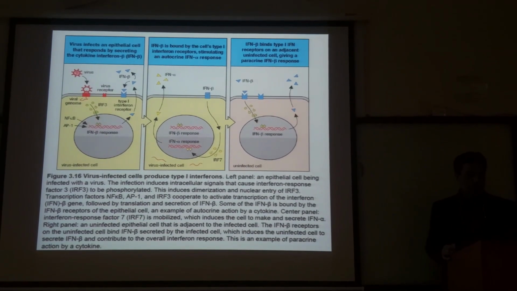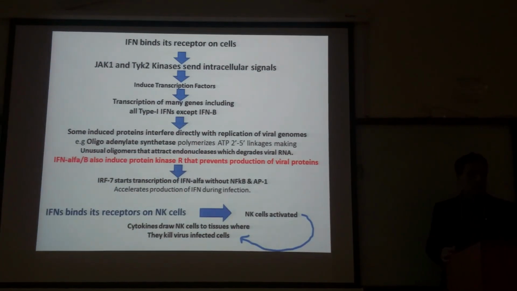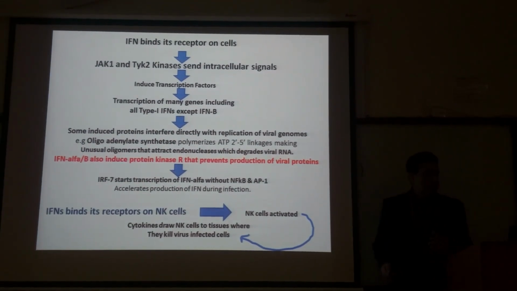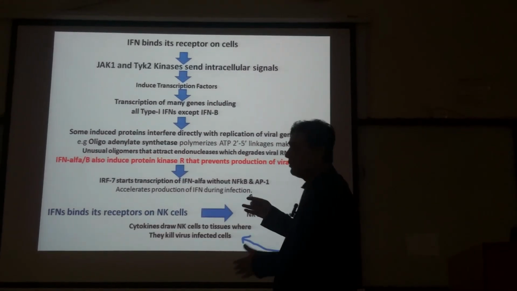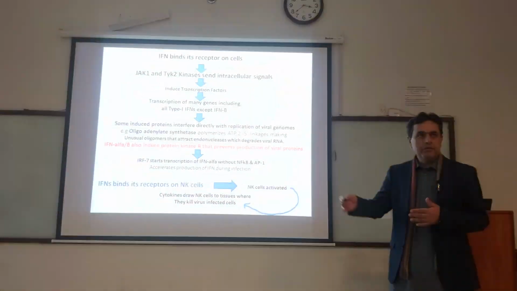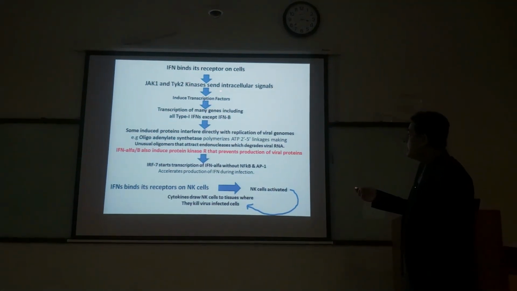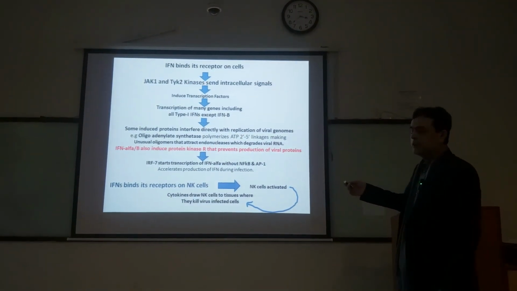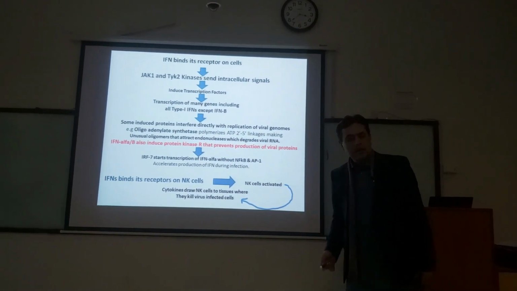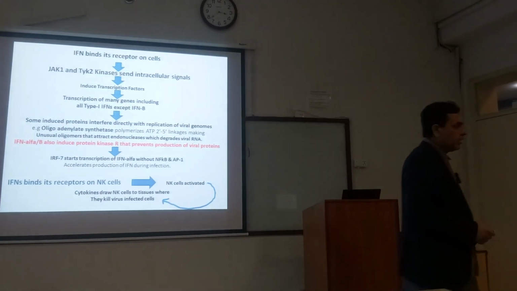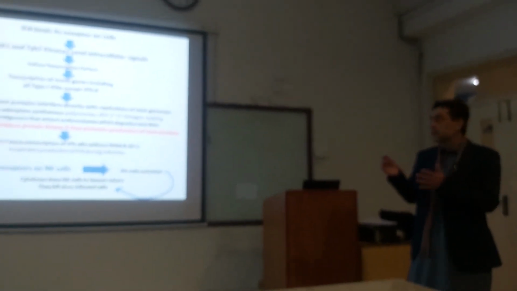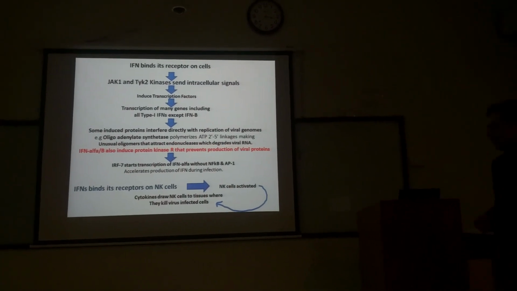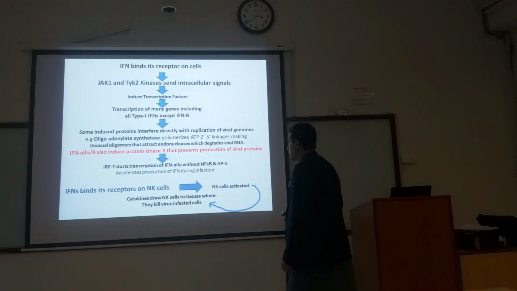Most of the receptors are of these natures. These JAK1 and TYK2 receptors send intracellular signals because they have an intracellular domain. And these signals induce transcription factors, as you saw in the case of IRF3 or IRF7. There are lots of other transcription factors that can be induced with the help of this signaling that takes place as a result of binding of the virus with its receptor. Okay?